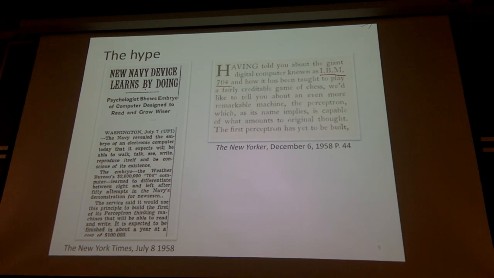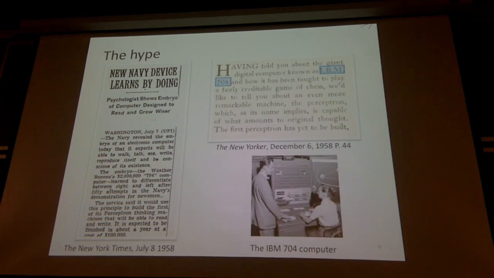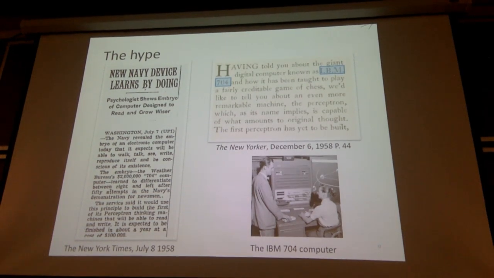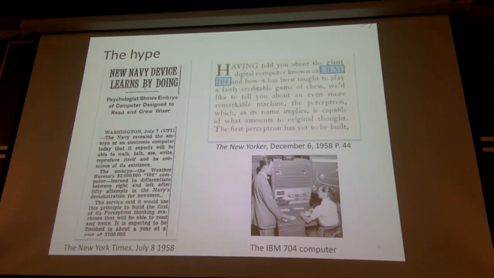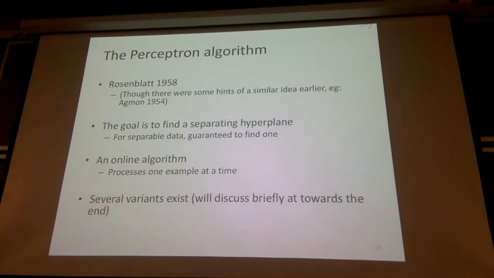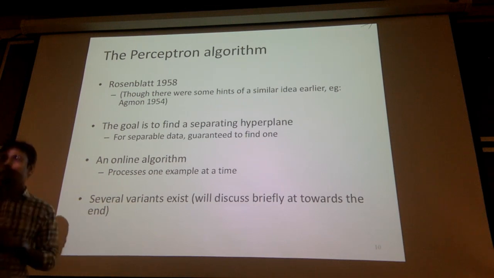The perceptron algorithm was described the way we know of it in this 1958 paper. Earlier, there were some papers in math journals that essentially hinted at the existence of the same idea. And the goal is very simple.